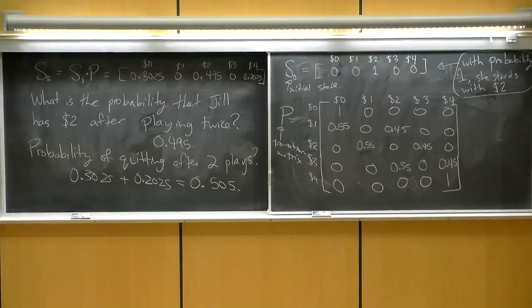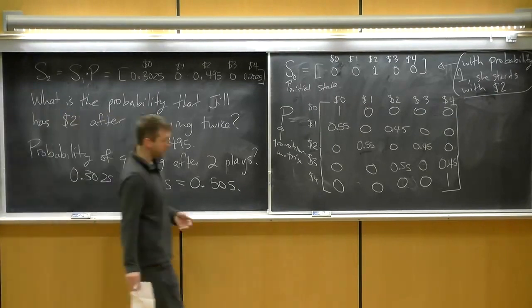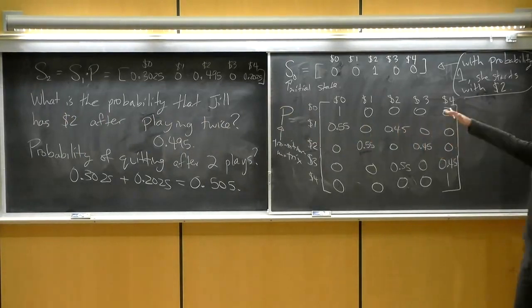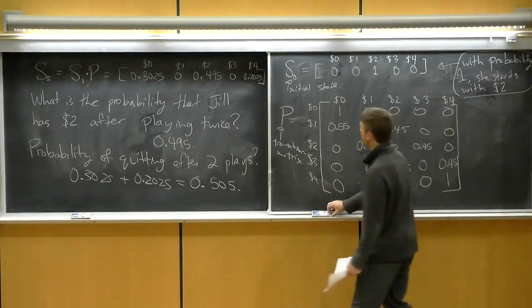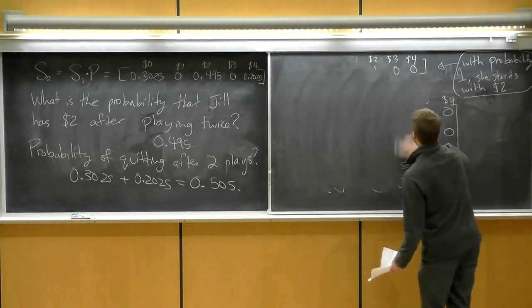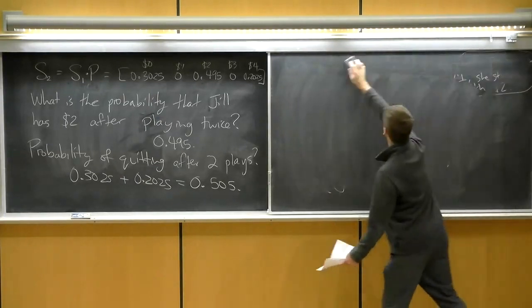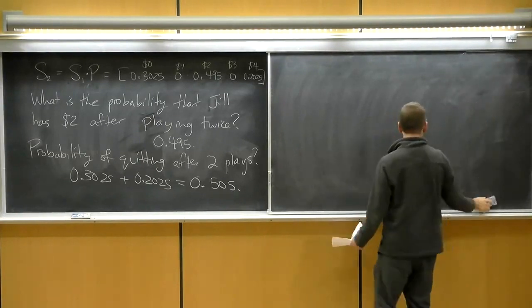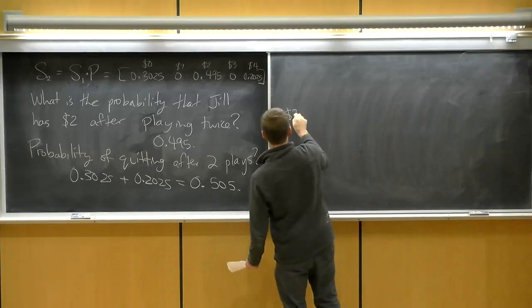A lot of this stuff that we're doing here, we kind of already had tools for, because we already knew how to draw tree diagrams. All of this stuff I'm talking about, you could have done with a tree diagram. She starts with $2.